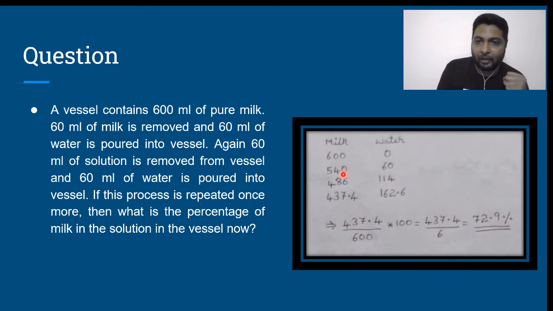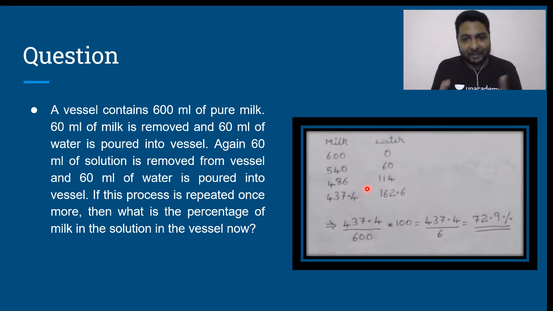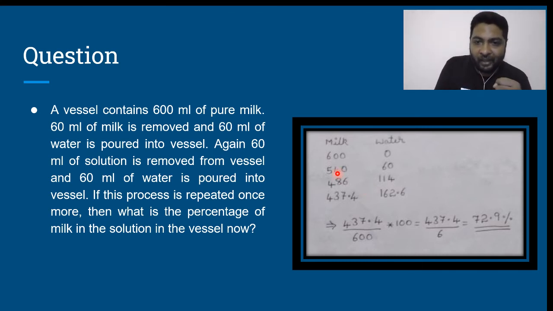So the amount of milk and water in the vessel is in the ratio of 9:1, or in other words, 90% of what I remove will be milk and 10% of what I remove will be water, isn't it? Got it?